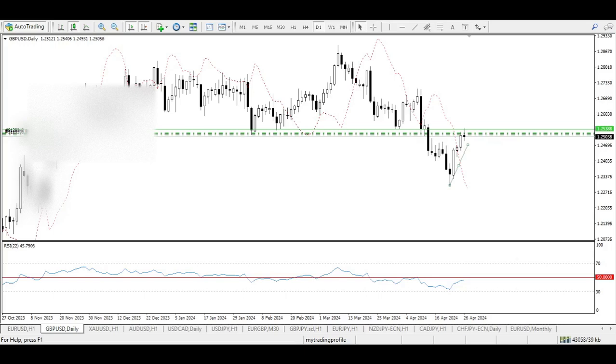This is what I'm saying based on my experience looking at the employment cost index. If the deviation is less than 0.2, it will simply give a slight upward retracement in GBP USD, even if it is negative. But if it is positive, it will rather accelerate the downside move.